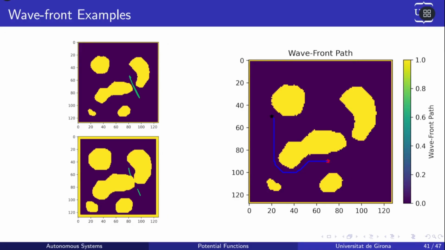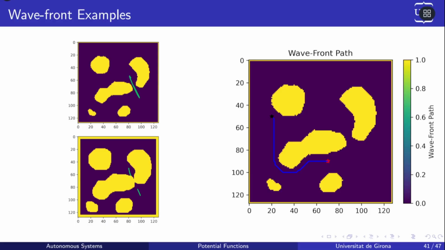However, because we have first expanded the obstacles and then computed the wavefront planner, it's not a problem. The wavefront planner knows that now this path is blocked and it's not trying to move you here. If you first compute the wavefront planner and then you expand the obstacles or add a repulsion function or something like that, the wavefront planner can ask you to move through this path, and the path no longer exists.